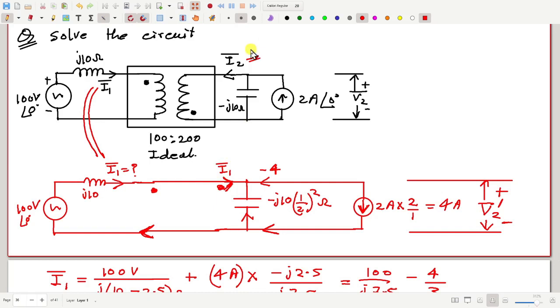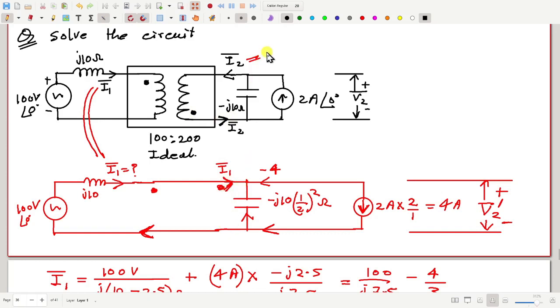Wait, there is one more thing. This I2, we have also flipped this diagram upside down, right? So this I2 is actually this I2. These two are same I2, and therefore this is the current coming out from the dot. This I1 is also coming out from the dot, so they are in the same direction.